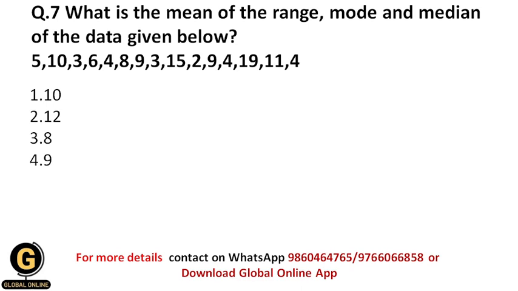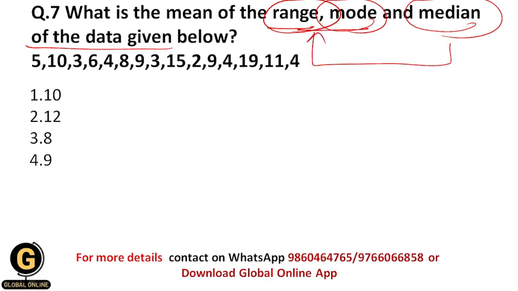Next, what is the mean of the range, mode and median of the data given below? Now here we need to find the mean of the range, mode and median of the data given below. So first of all we need to calculate the range value, mode value and median value. Then we need to sum these values and divide by 3, and after that you will get the mean of the range, mode and median of the given data series.